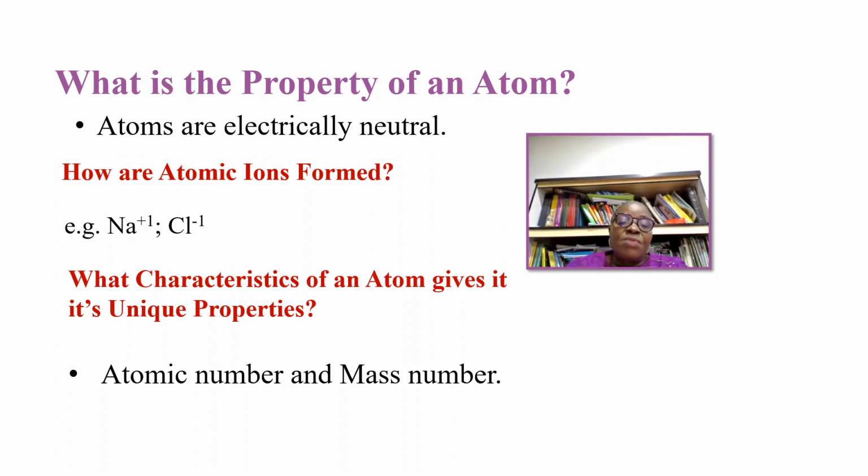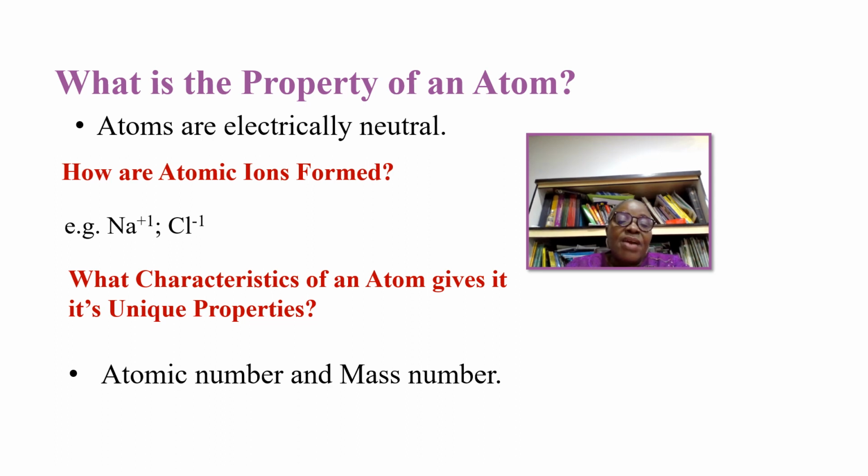How are atomic ions formed? Atomic ions are formed when atoms gain or lose electrons. For example, the sodium ion we have here tells us that it has lost one of its electrons, and therefore it attains a charge of +1.